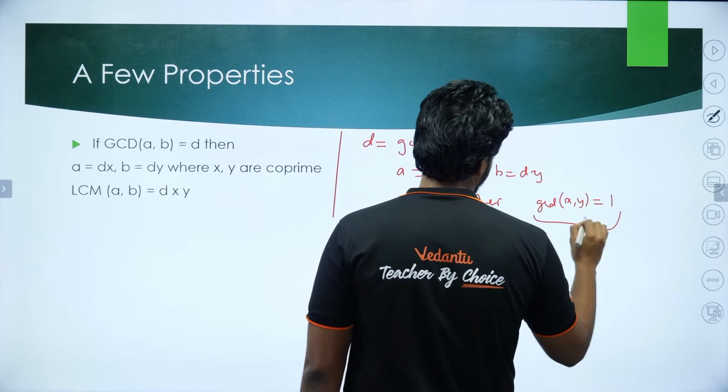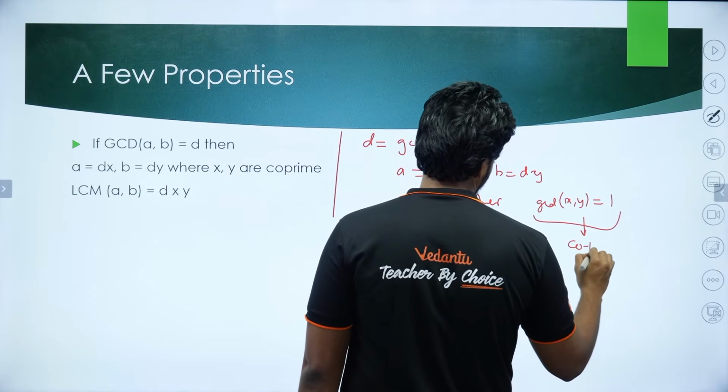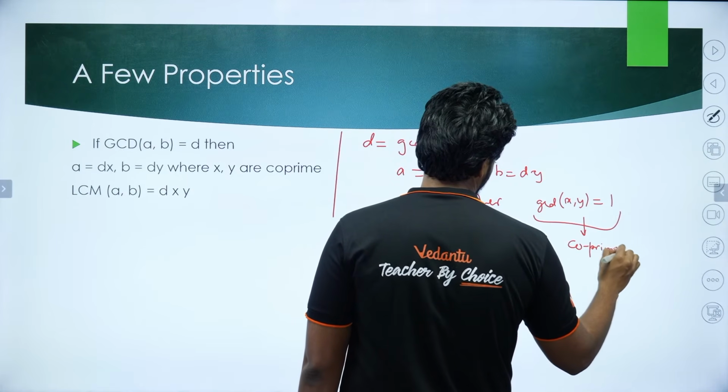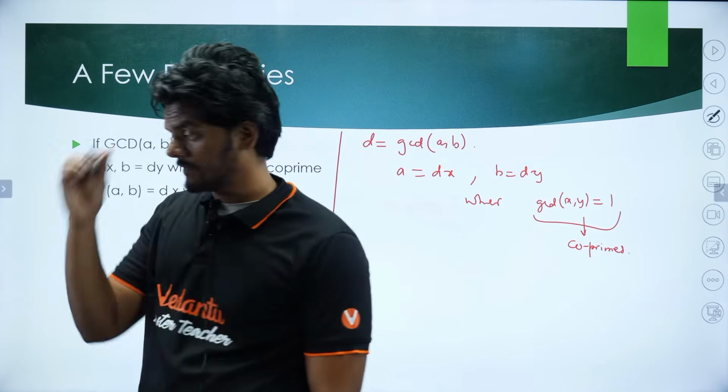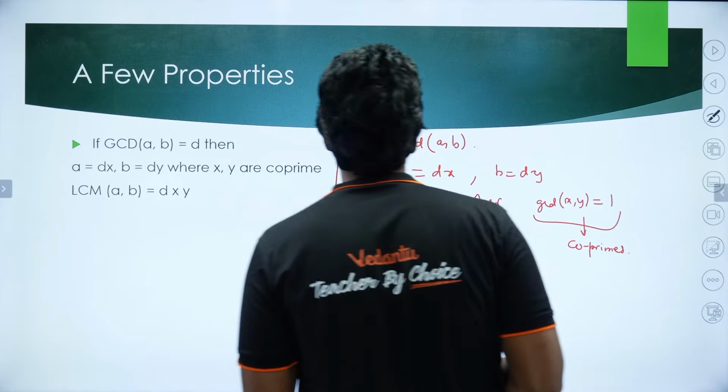We call these kind of numbers co-primes.